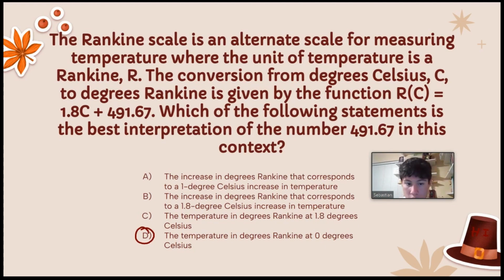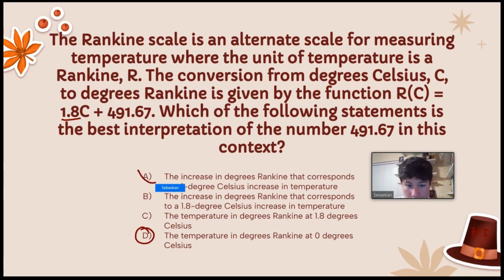So answer choice A says the increase in degrees Rankine that corresponds to a 1 degree Celsius increase in temperature. This is not correct because every time C goes up, Rankine will go up by 1.8. That's not 491.67. So we can cross A out.